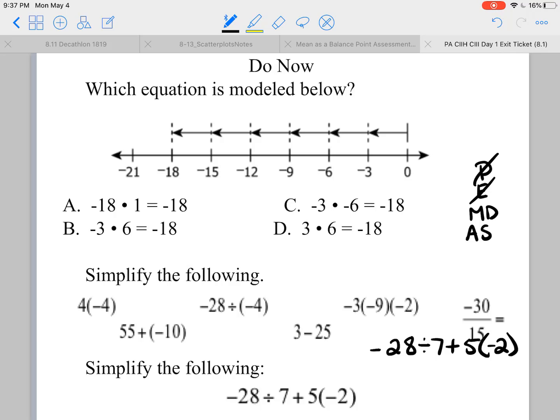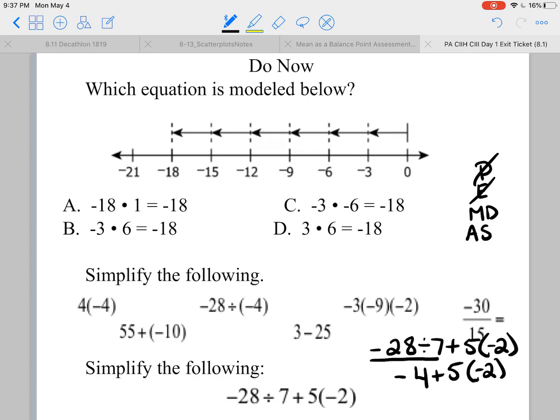We do not have any exponents. So we're going to multiply and divide left to right. We start with negative 28 divided by 7. 28 divided by 7 is 4. And since it is a positive and a negative, different signs, it's a negative answer.